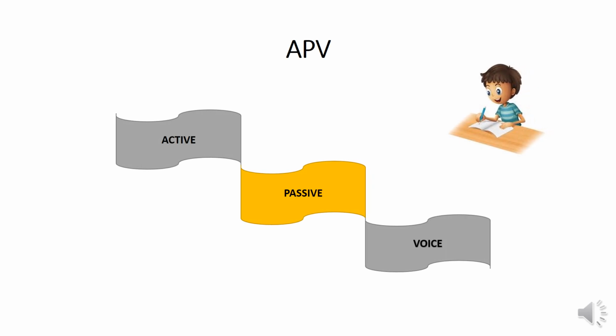And secondly, we have the APV, which is active and passive voice. The proper use of active and passive voice is very, very essential in a writing piece so that you do not mislead your audience in how your sentences are structured.